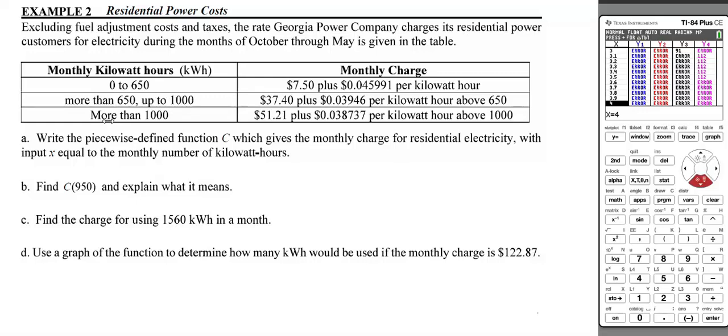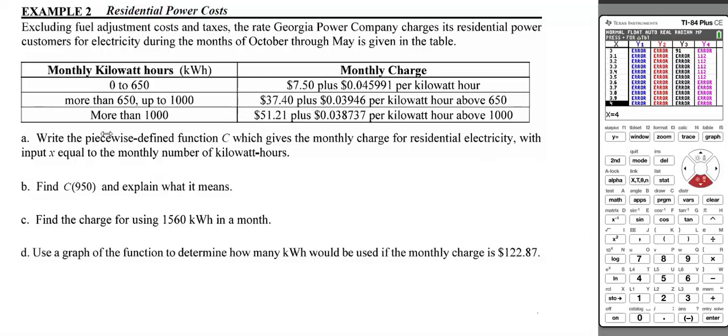You can look at the next row, it says more than 1,000. So this would be up to and including 1,000. It would be $37.40 flat rate plus 0.03946 per kilowatt hour above your 650. More than 1,000 would be $51.21 flat rate plus 0.038737 per kilowatt hour above the 1,000 kilowatt hours.